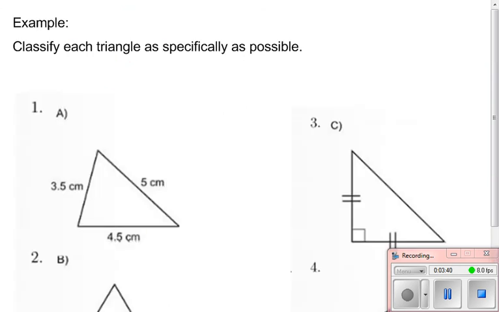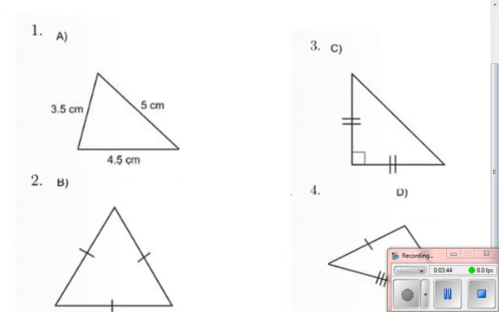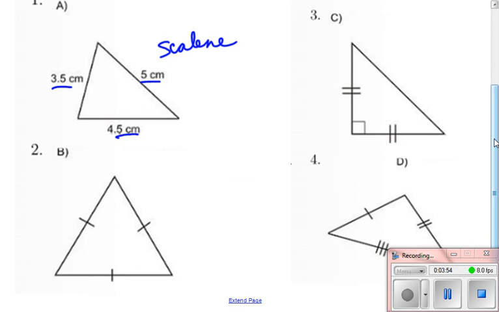So let's talk about classifying some. When I look at this picture in A, I have three different sides. I know nothing about the angles, so that is a scalene triangle. If I look down at B, I have three equal sides, and so this is an equilateral.